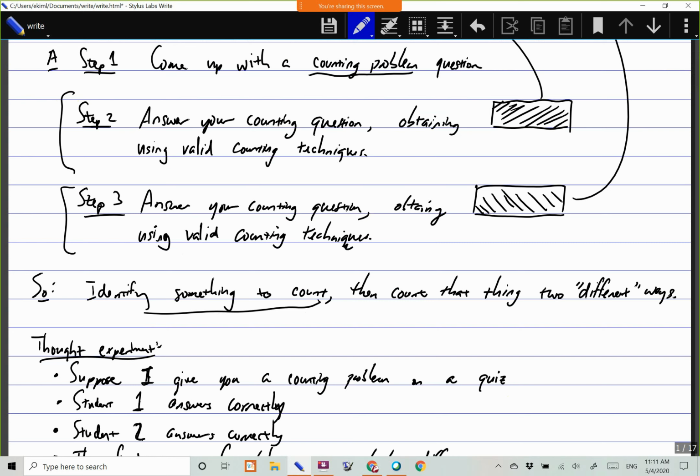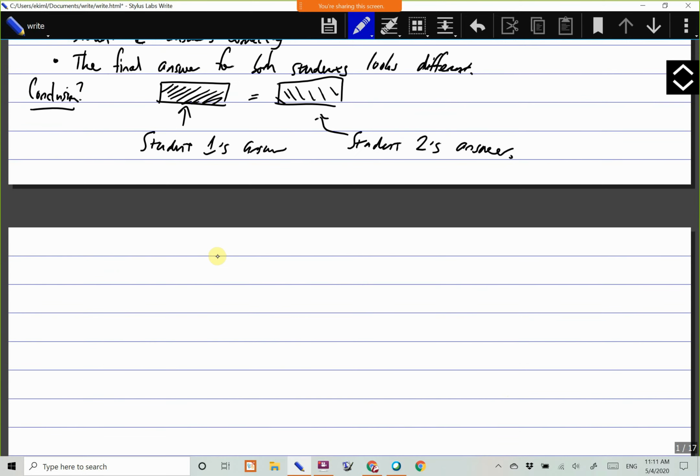So shall we look at an example? I think it's time we do that. So theorem: for all n in positive integers, the sum j going from 0 to n of n choose j is equal to 2 to the nth.